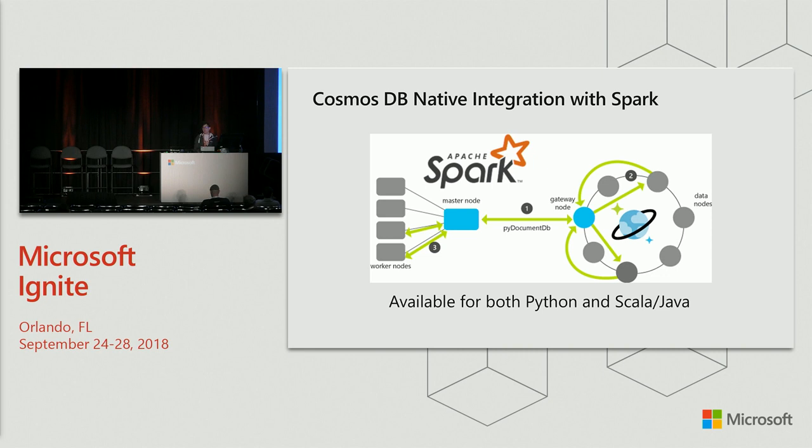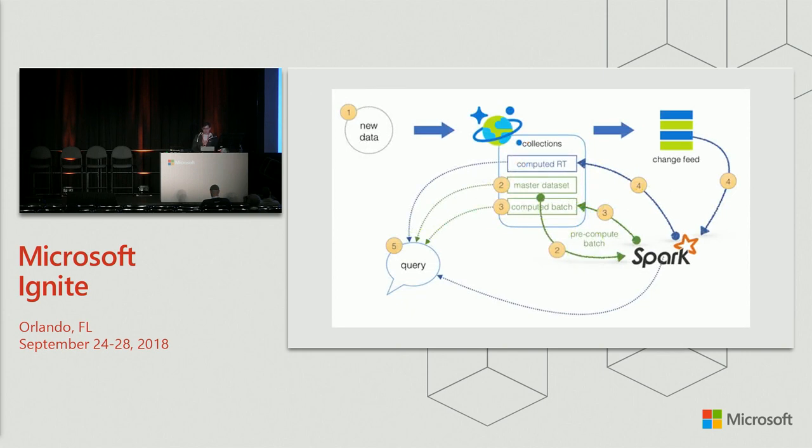This is a driver that we maintain on our own. Many Cosmos DB technologies rely on the open source community to provide the features and functionality that is necessary for the community itself, but this is maintained by the Cosmos DB team itself. So in this case, the Spark layer is used for both the stream and the batch computing processes.